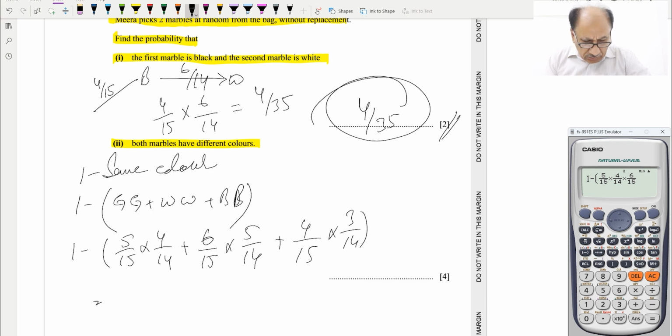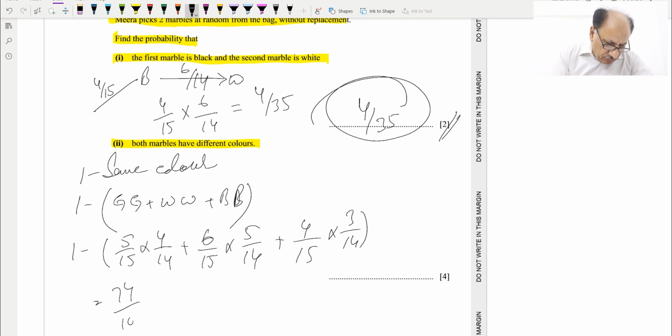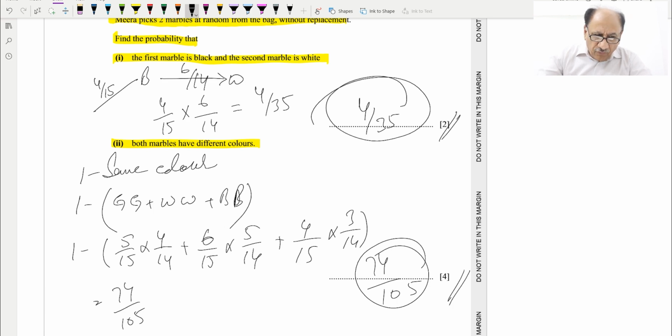I had written plus here, and here it should be multiplication 5 over 14, and then it will be plus 4 over 15, and multiplication 3 over 14, and bracket will be closed, and the answer is 74 over 105. So 74 over 105. This is the answer for the 4 mark question.